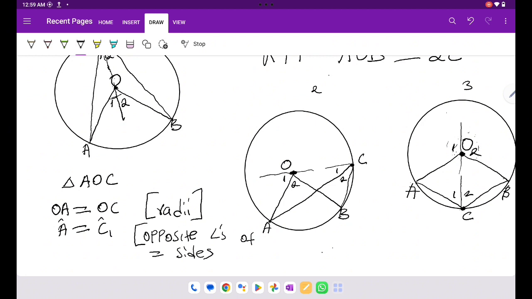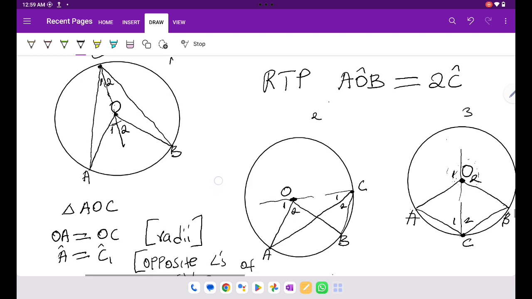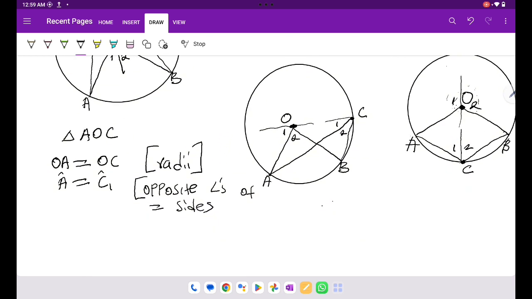Now, again, we know that O1 is an exterior angle of this triangle. If you look at O1 here, it's an exterior angle of our triangle AOC. Therefore, according to what we have learned, we can simply say that our angle O1 equals angle A plus angle C1.